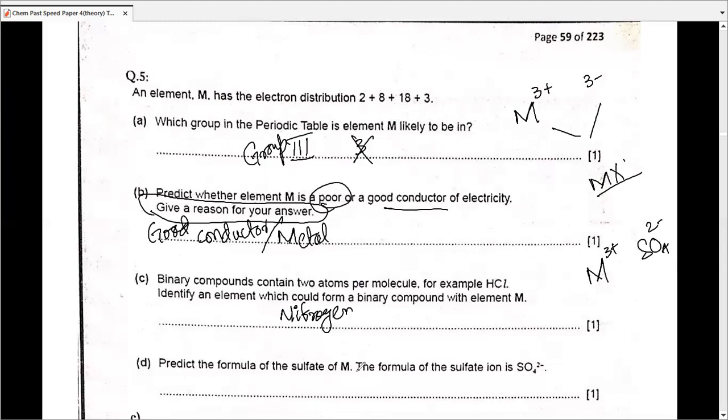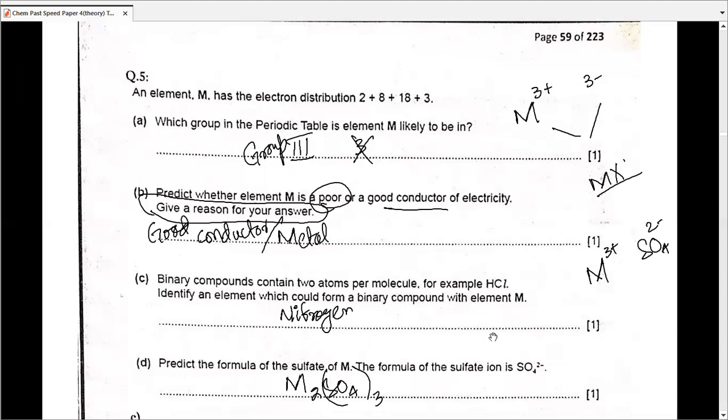Bracket SO4 thrice. Yes, that's good. M2(SO4) thrice. When you say thrice, the next person automatically understands there should be a bracket, so we don't have to say the bracket out loud. We simply call it M2 SO4 thrice. Okay. So I'm going to clear up the whole thing.